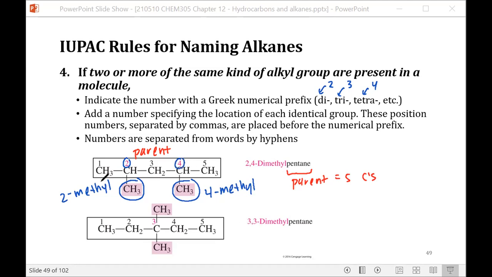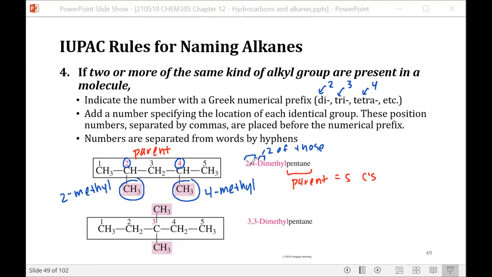Because these are both methyl groups, to make the name a little bit shorter, instead of listing 2-methyl, 4-methyl pentane, we can combine them by listing each of their locations, 2, 4, and then we use the Greek prefix di to mean there's 2 of those. So dimethyl means there's 2 methyl groups and they're at locations 2 and 4.